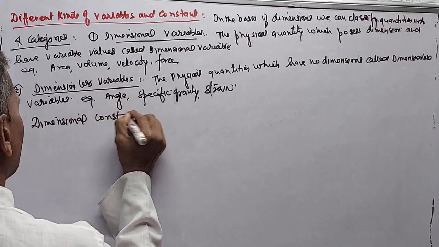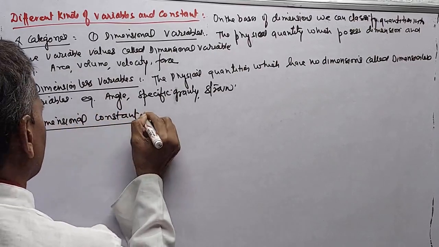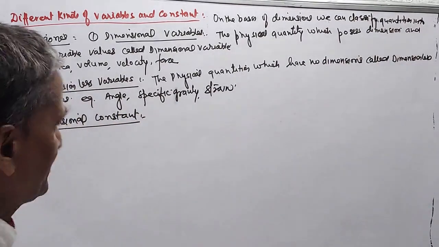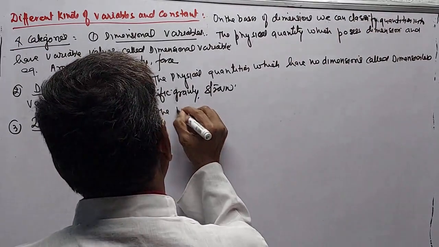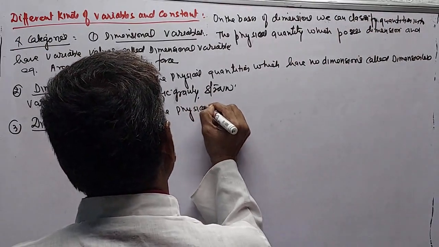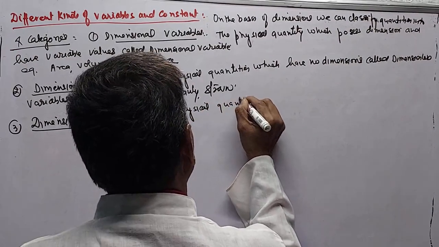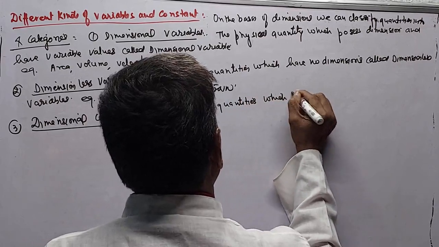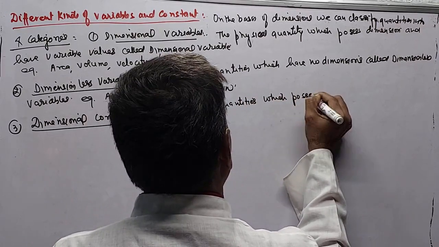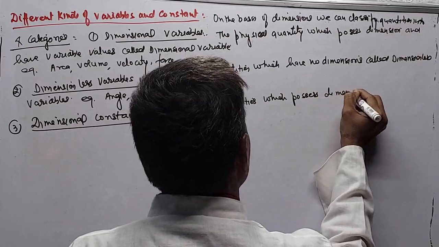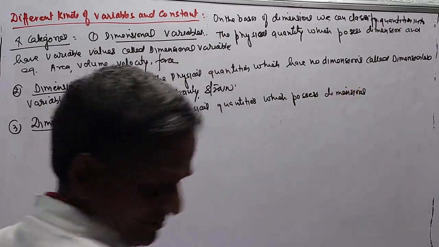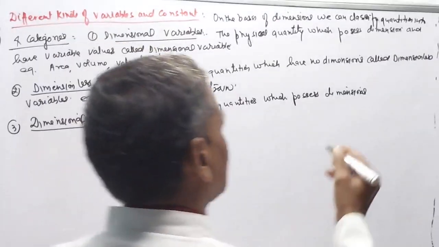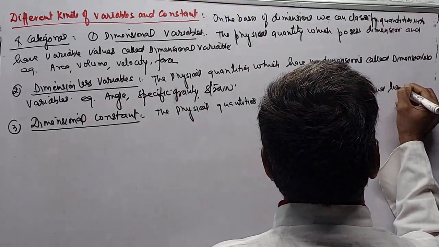Third is dimensional constant. Physical quantities which possess dimensions and have constant values.